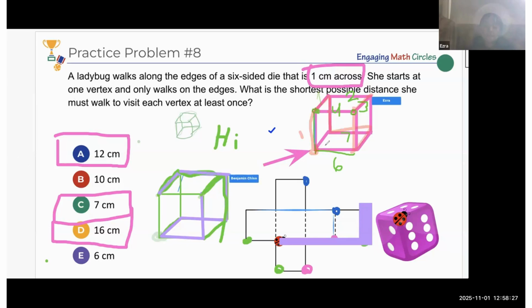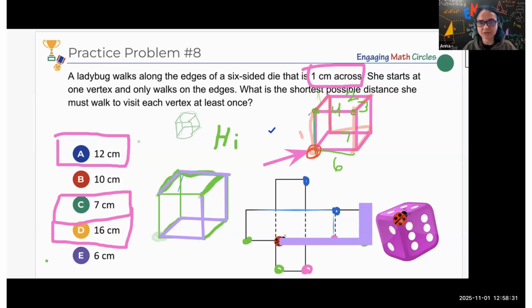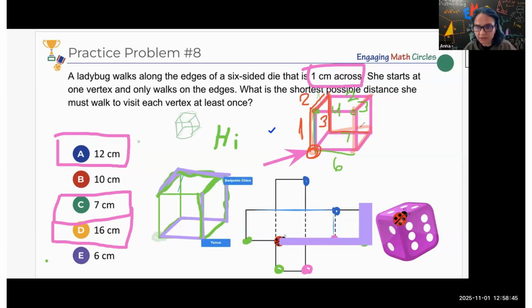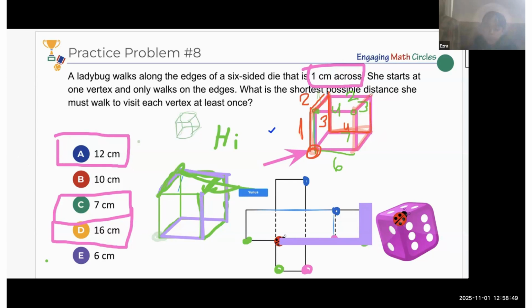It's 7. So you start here. You go up 1. Let's go like this. Then where do you go? Over here, 2 here, right? Yeah. Then 3 here, down. And then 4 behind, right? Yeah. And then up, 5.